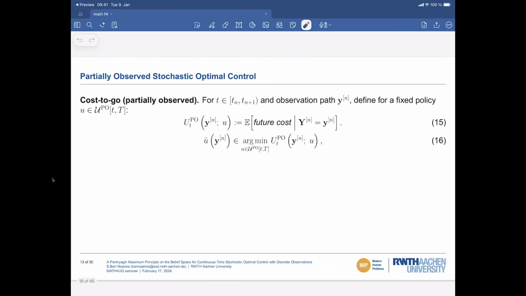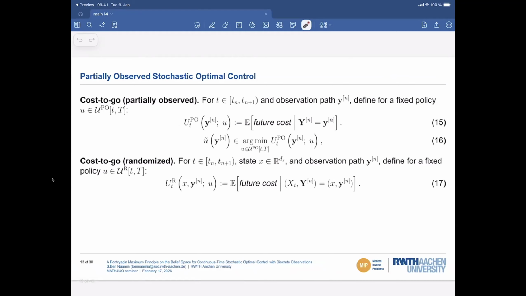Now, what you can do is you can define also the cost to go for a partially observed problem. And in that case, you are only allowed to observe the observations vector y_n equal to y, right, for a particular one. And u tilde will be the optimal control that is derived in that class of controls where you are only allowed to observe these observations.